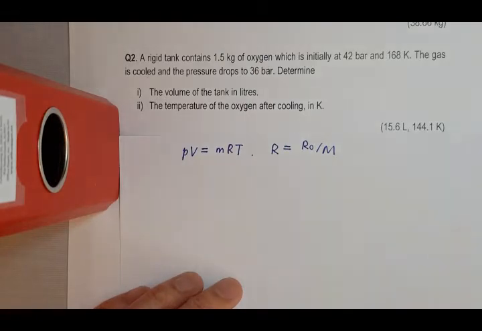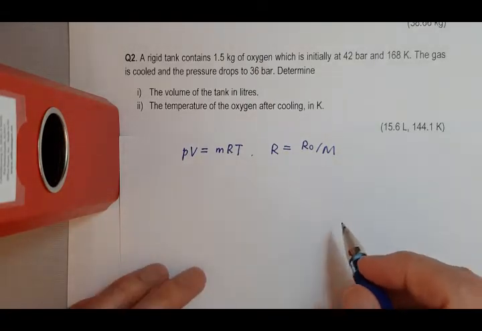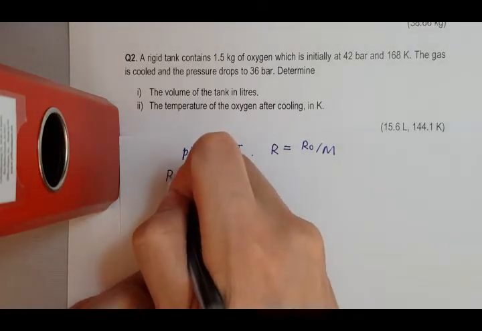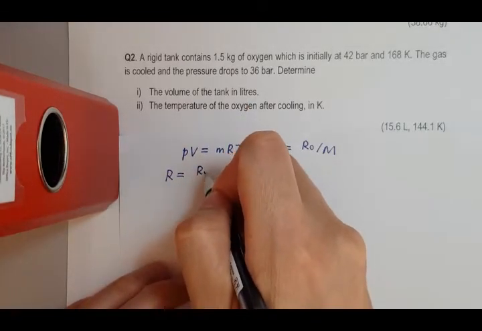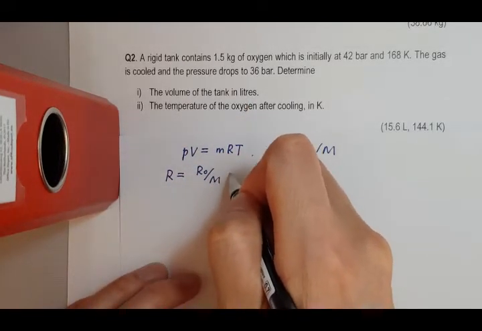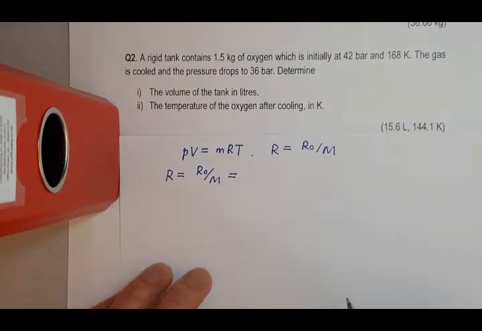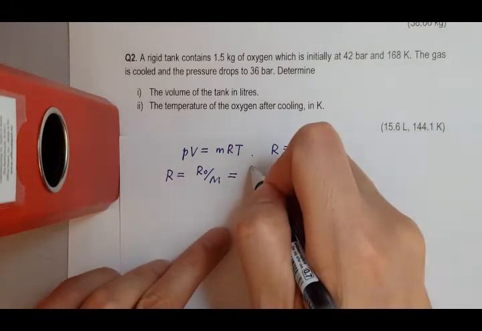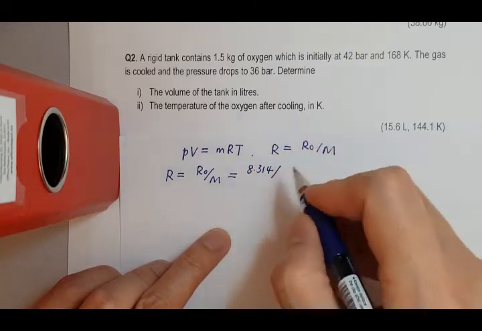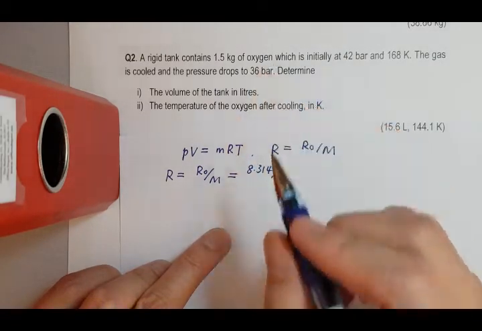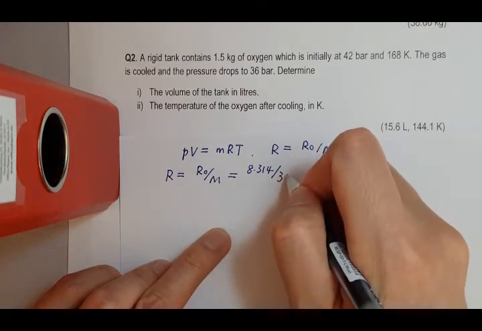So we need to calculate R, the specific gas constant for oxygen: R0 divided by M. R0 is always a constant which will be given to you, divided by M. For oxygen, M is 32.